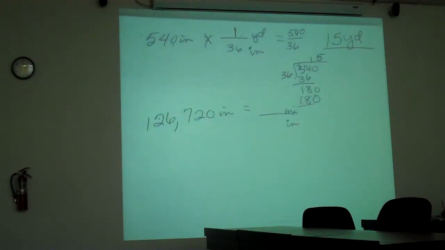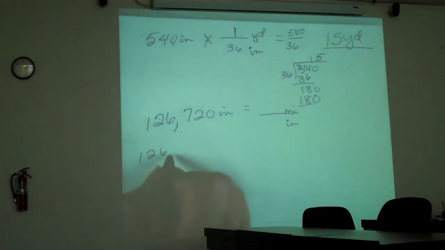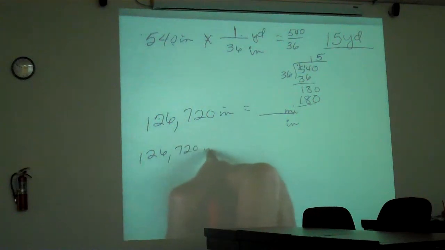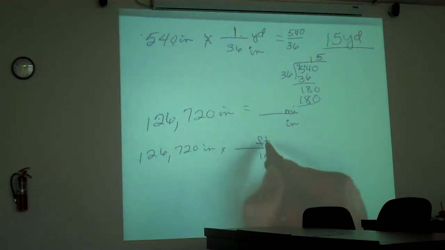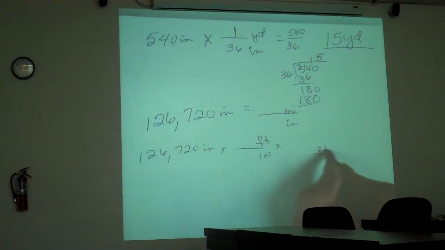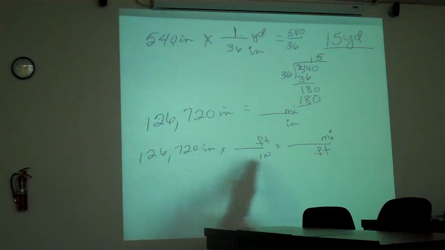Okay, let's find out. Let's do it where we're going to have to do it in 2 steps then. We need to go inches into feet because we know how many feet are in a mile. Then we need to go feet into miles. See, the inches are going to cancel out, feet will cancel out, and we'll know how many miles.